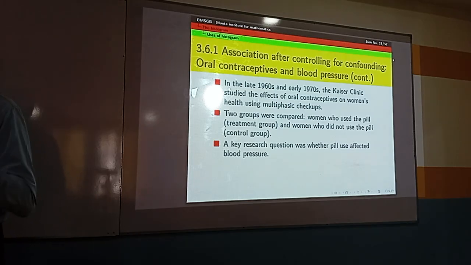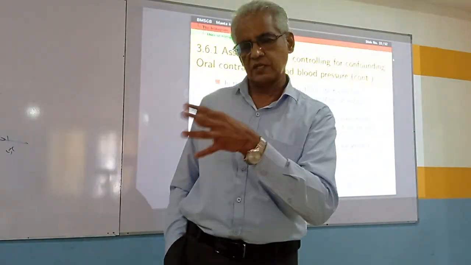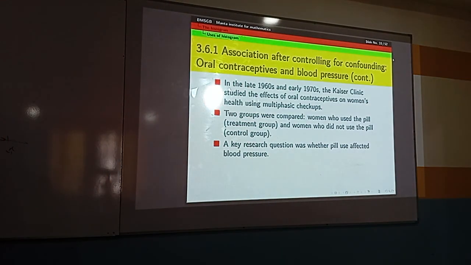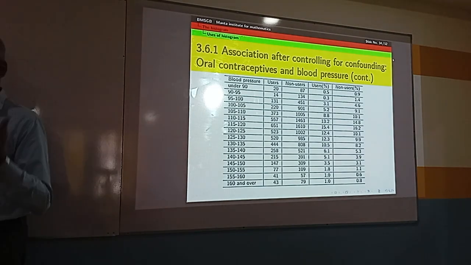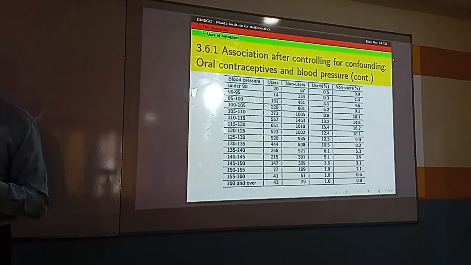So that was the question, whether there is an association between the blood pressure and the usage of this particular contraceptive pill. The main question was whether it is affected, that means whether there is a causation, but of course this was an observational study, therefore we cannot prove any causation even if there is one, but we can see whether there is a highly likely possibility to be a causation.